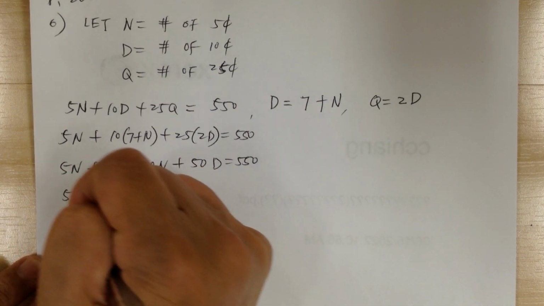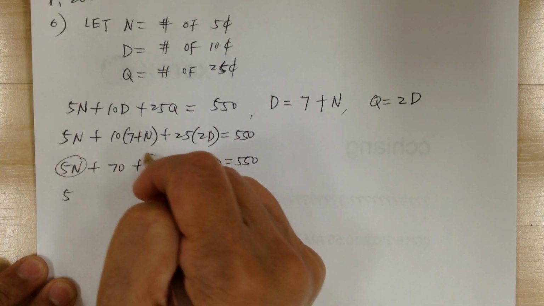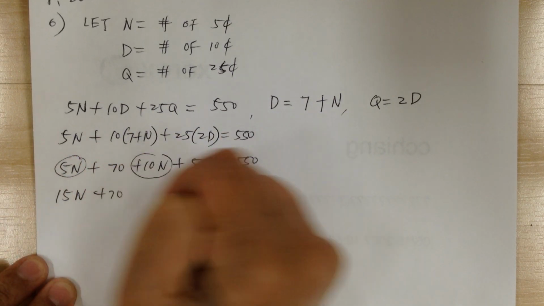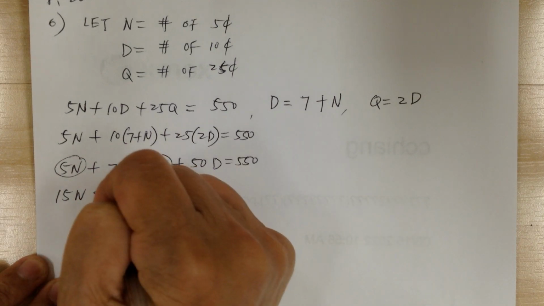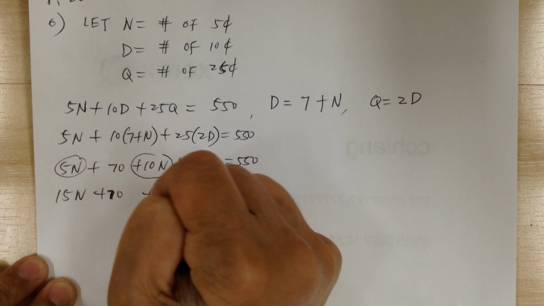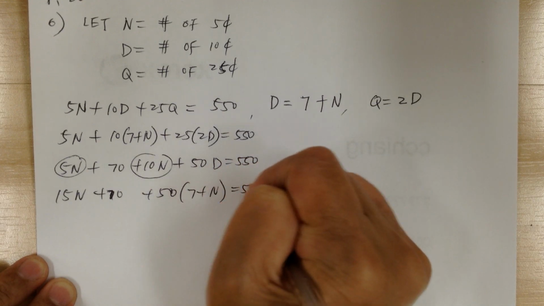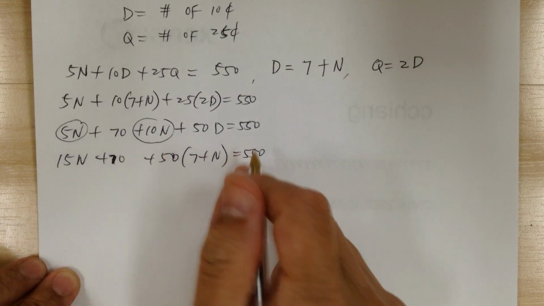So I'm going to combine this together already. I get 15N plus 70 plus 50 times D, which is 7 plus N. Now again, you have to work it out.